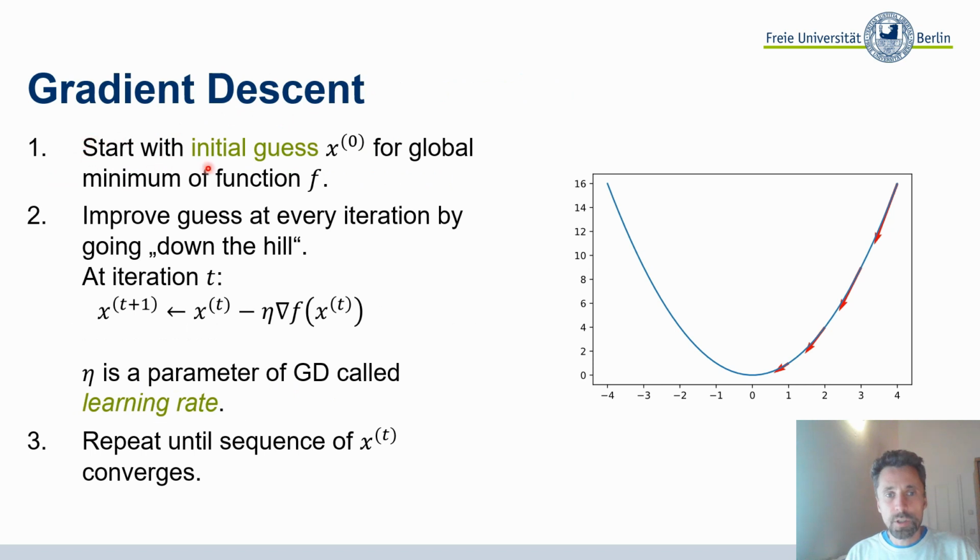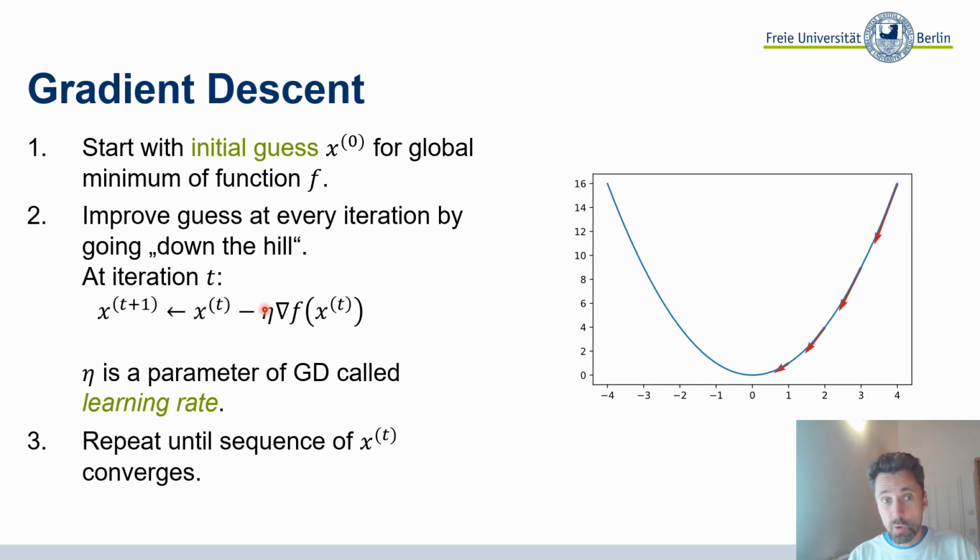So we start at an initial guess, it doesn't really matter where we are. And then we look at the gradient of our function f, or whatever function we want to minimize. The gradient of this function gives us the direction in which it's going upwards.